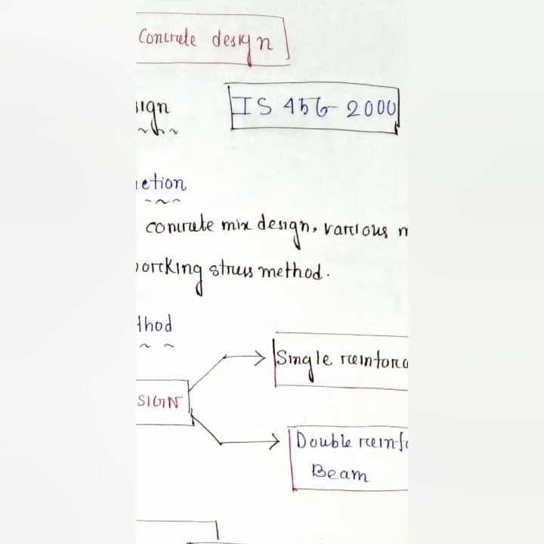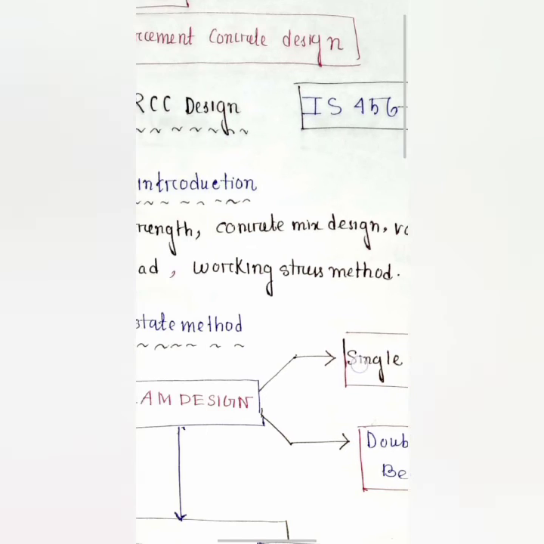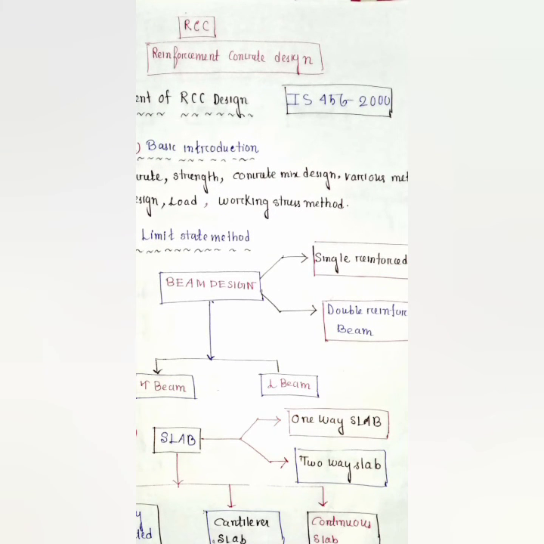We have to buy it or download it from the net, because whatever rules and regulations we have to follow to make a building, to make a structure, are mentioned in the IS code, right? We will follow this IS code strictly. I will tell you some important pages, and in those pages you will find that every detail of a structure is given. And we have to follow this blindly, right? So we have to buy this.